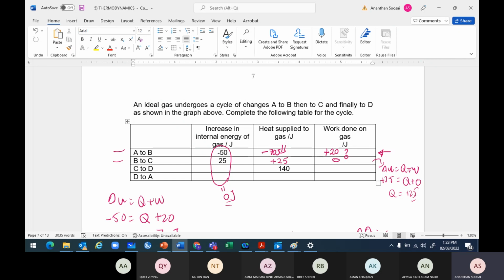Okay, so can you figure out all the numbers now? 2 minutes, come on. Fill up the work first.